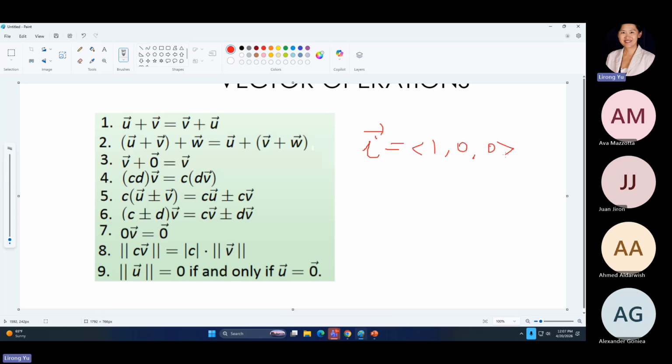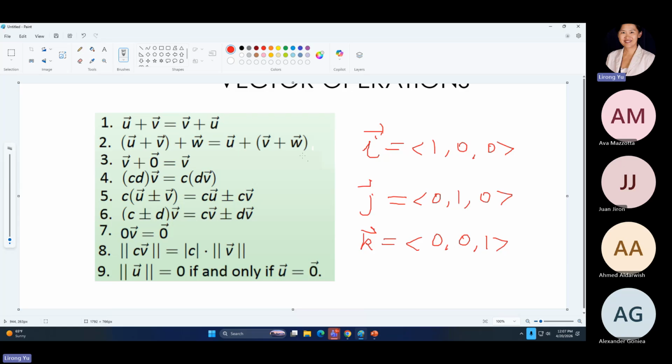Having that just makes it easy to write. And then vector j is a unit vector in the y direction, so it's really 0, 1, 0. And vector k represents the unit vector in the z direction, so it's really 0, 0, 1.